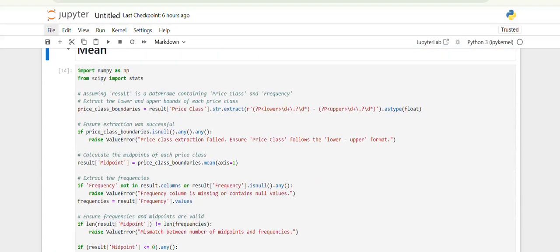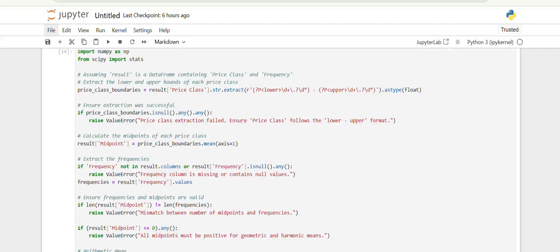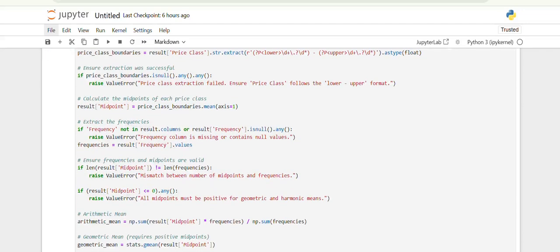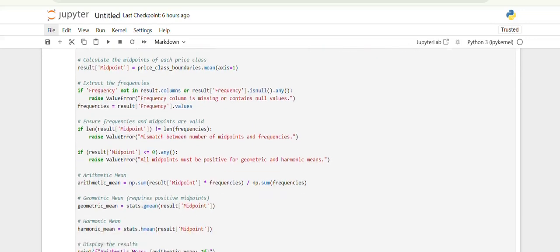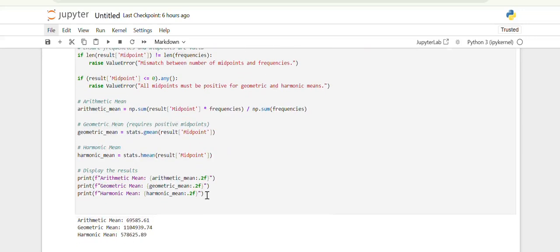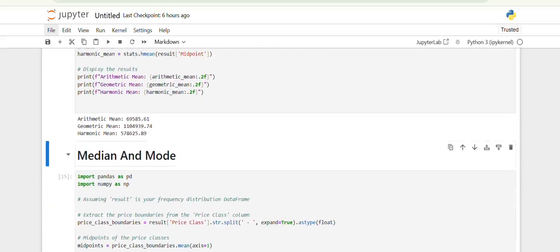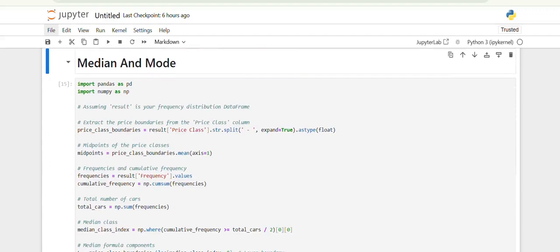Here we again import SciPy, so we cannot give any formula manually. We can see that here we can find the arithmetic mean, geometric mean, and harmonic mean simply. After that we go towards median and mode. There is no library that has the median and mode formula as a user-built one.